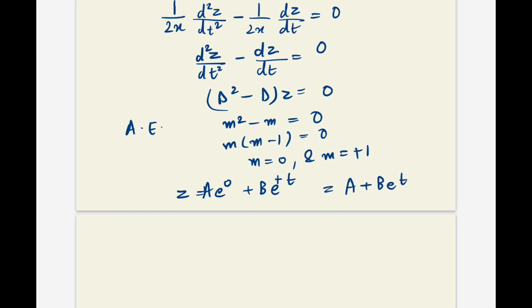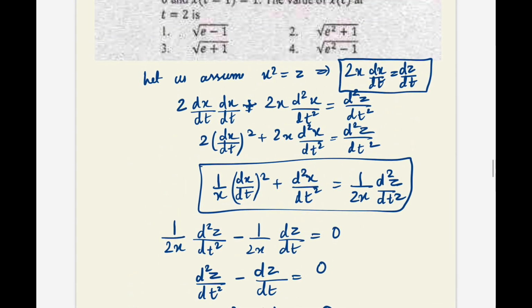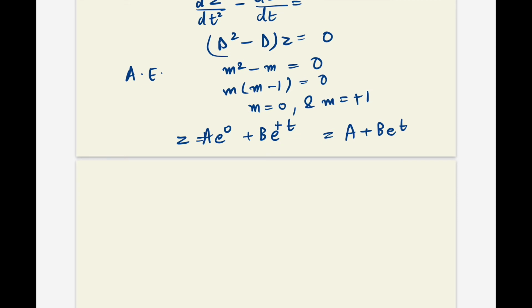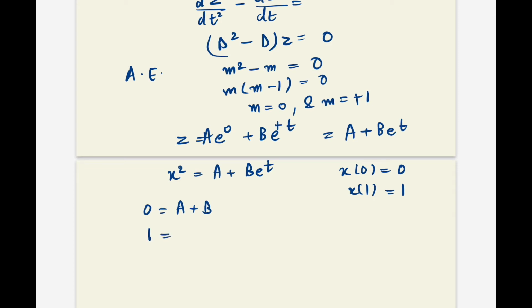Now since it was assumed that z is equals to x square, this becomes x square equals to a plus b e to the power t. Now the boundary conditions are x of 0 is equals to 0, x of 1 is equals to 1. This becomes a plus b, and by imposing the other condition we get a plus be.